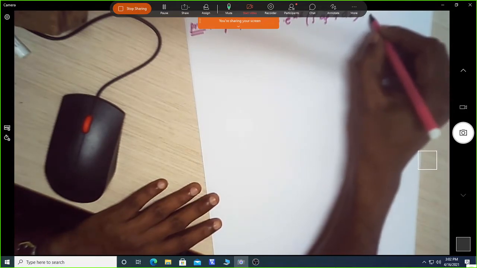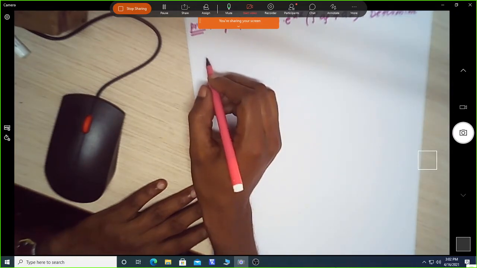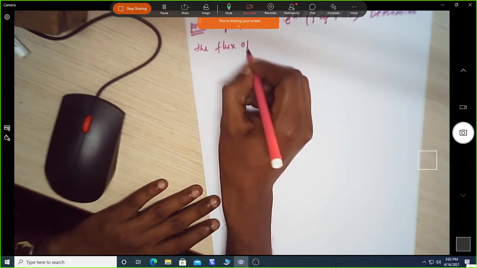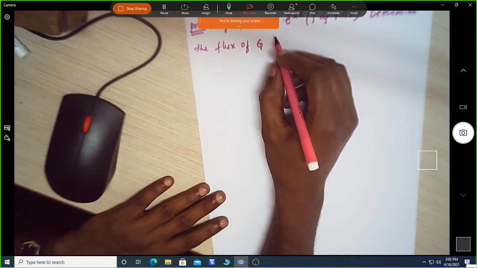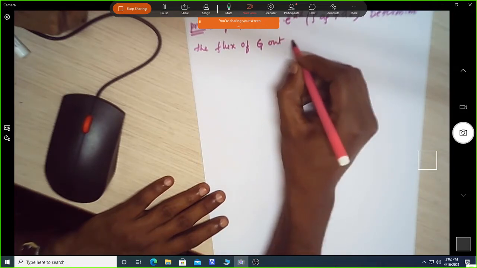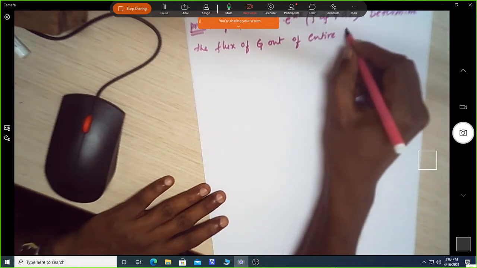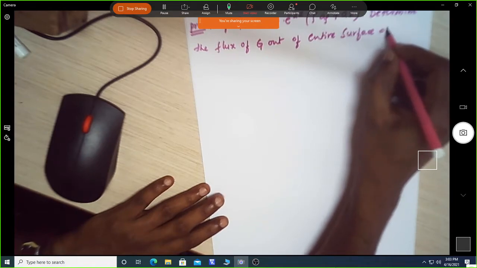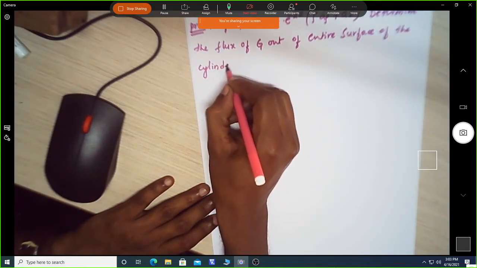So now determine the flux of g out of the entire surface of the cylinder, the entire surface of the cylinder.